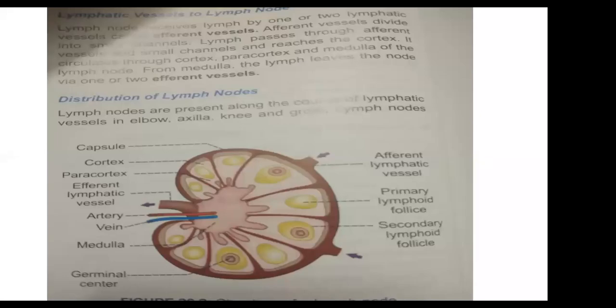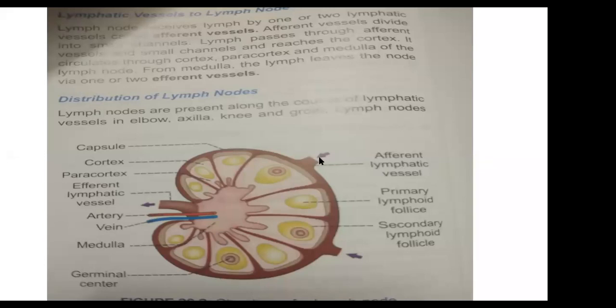Lymph gland, also called lymph nodule. You can see the dented portion and the circular round portion. At the extreme right, you can see the arrow which shows that the lymph vessel is entering over here.